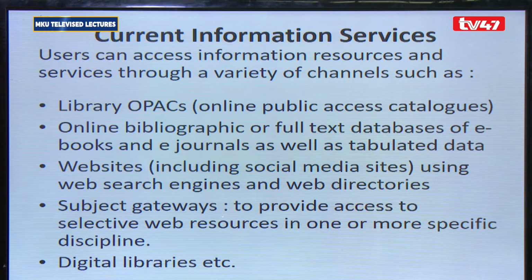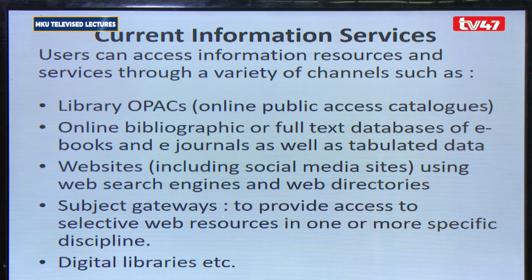And then there is also online or full text retrieval of bibliographic data, e-books, e-journals, as well as tabulated data. Then there are websites, including social media sites using web search engines and web directories. There are also subject gateways to provide access to selective resources in one or more specific disciplines.